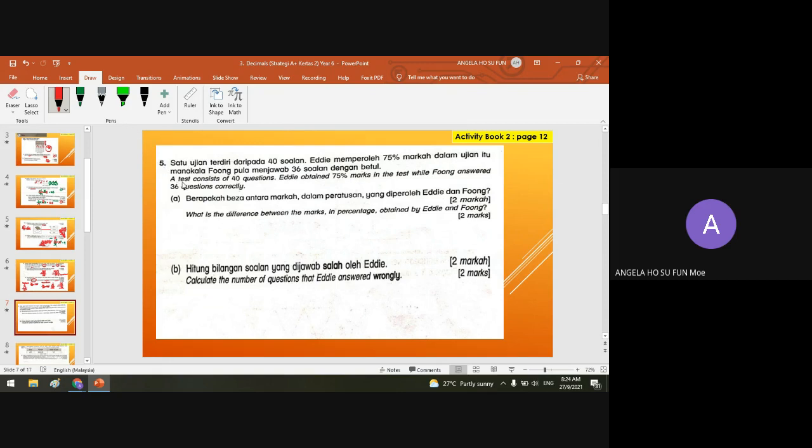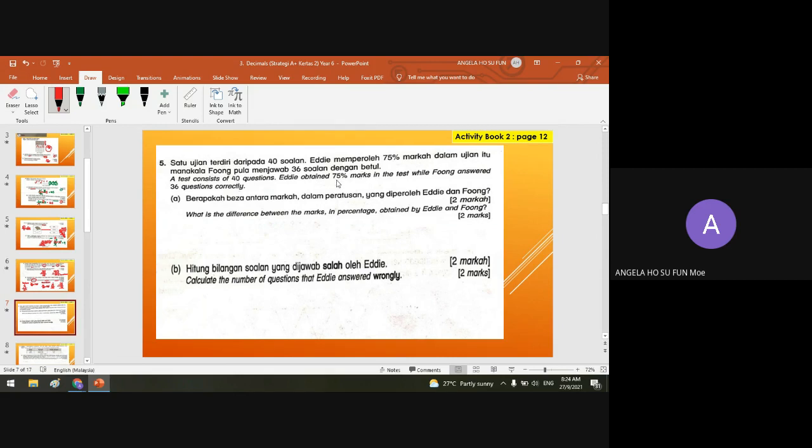Now, a test consists of 40 questions. Normally, like your maths paper 1, 40 questions, okay? AD obtained 75% marks in the test, while Fong, another student, answered 36 questions correctly. They told you here, AD obtained 75% of the marks.